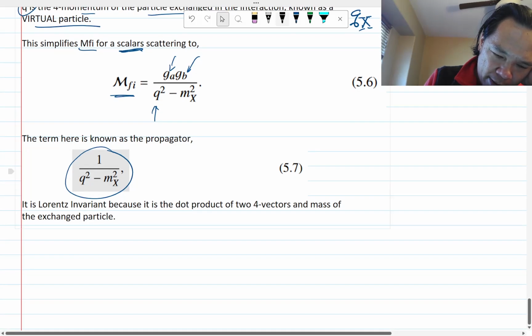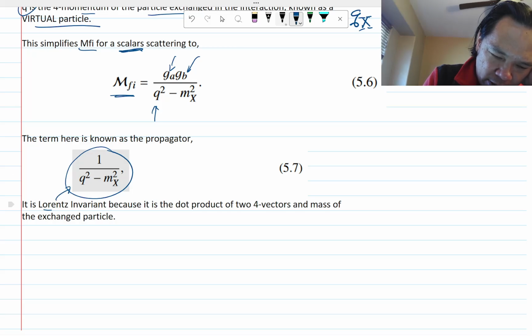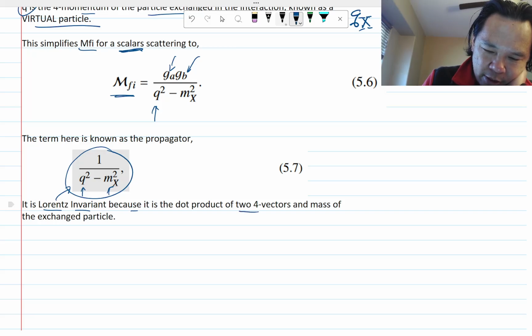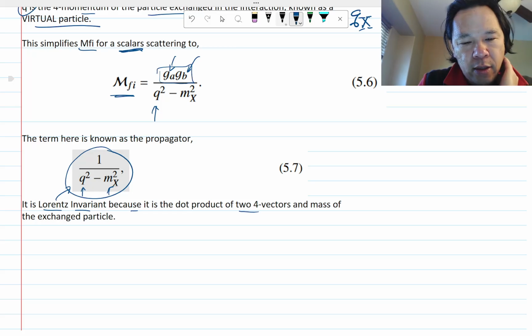This factor is Lorentz invariant to begin with, because 4 vector squares are always Lorentz invariant, and mass is just a number, so that's always going to be Lorentz invariant. So this propagator factor is going to be useful even in the future, even when we're not dealing with scalars.